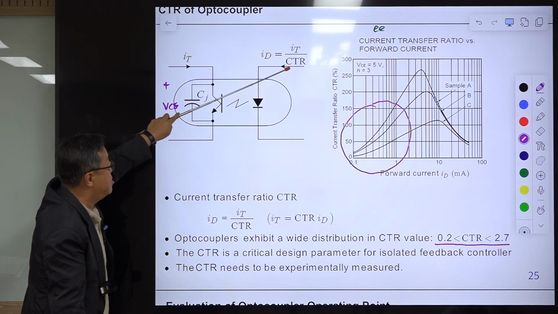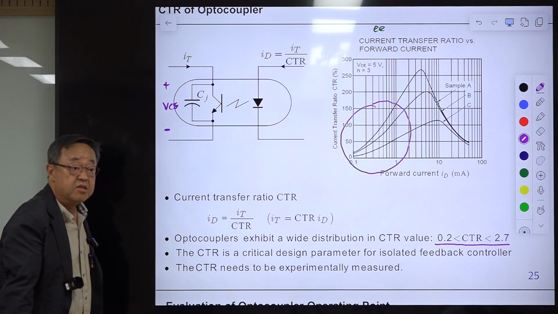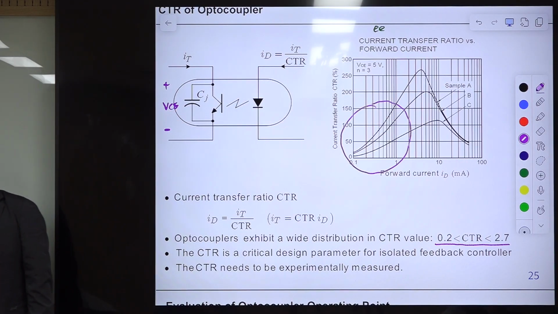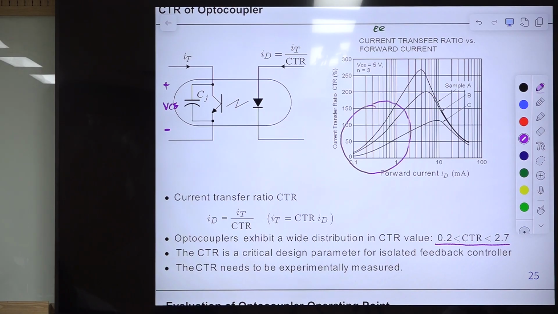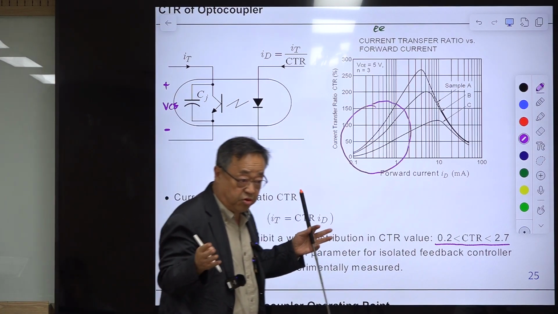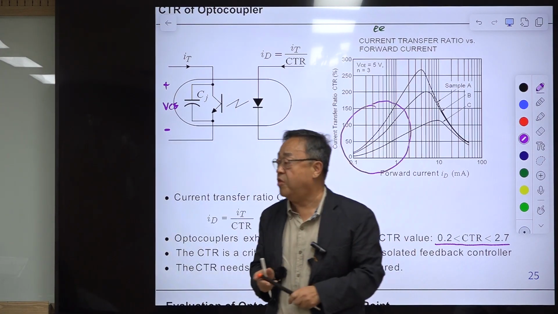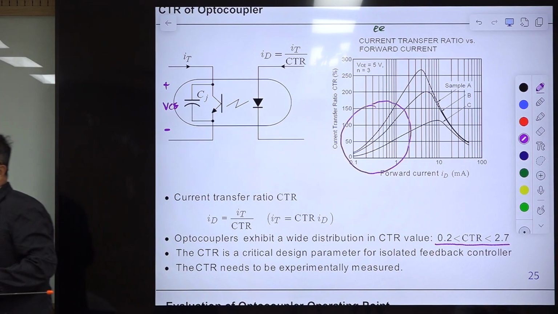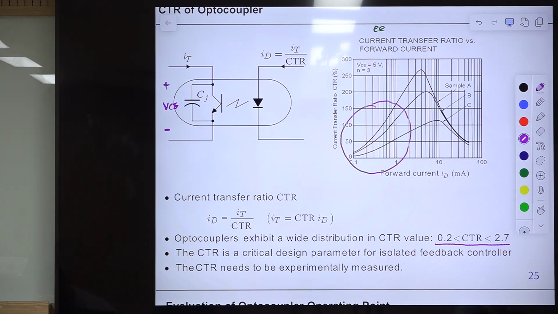determined with this CTR. CTR is a very important parameter, but CTR cannot be measured accurately, and there is some huge tolerance of the value. So you should carefully evaluate the CTR of your device at your operating point.